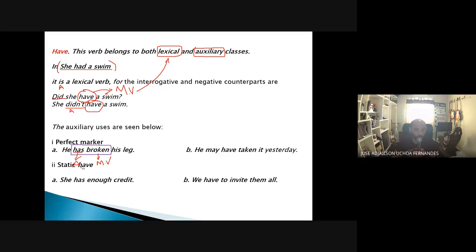Okay, so we have also the static have as a static verb, like she has enough credit. Okay, and we have to invite them all, like in constructions, like have to, indicate something that is mandatory.